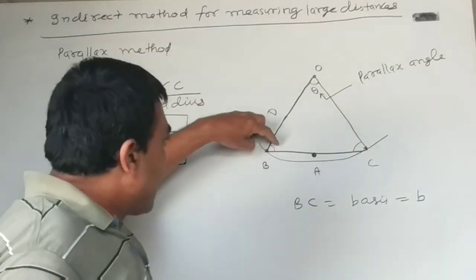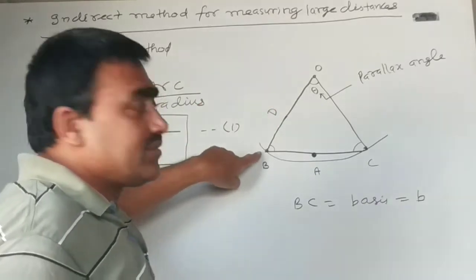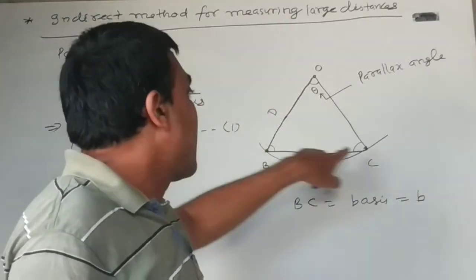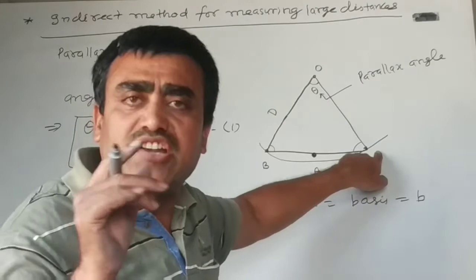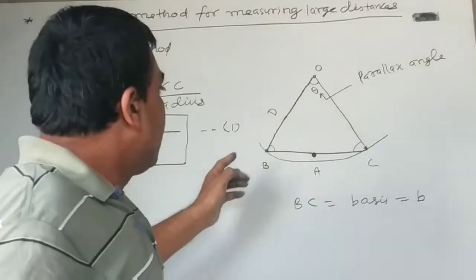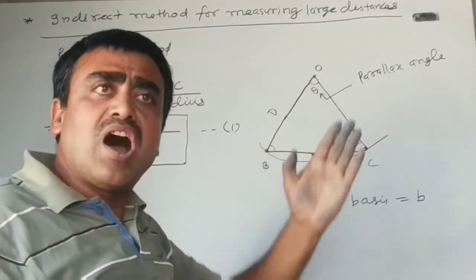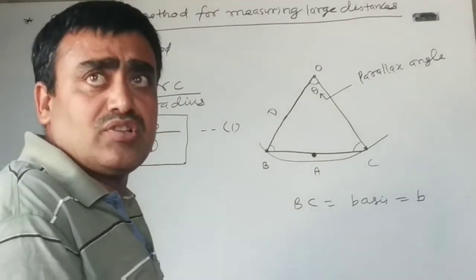And the angle, this is the line of sight at point B, and this is the line of sight at point C. And these angles are measured easily.